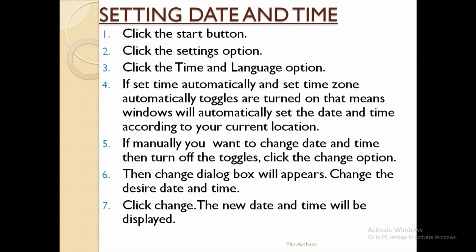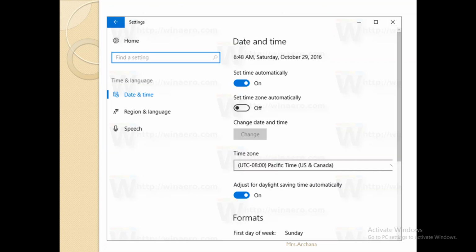If manually you want to change date and time, then turn off the toggles, click the change option. Step 6. Then change dialog box will appear. Change the desired date and time. Step 7, click change. The new date and time will display. According to your wish, you can write this also, and this is as an answer for question number 5.